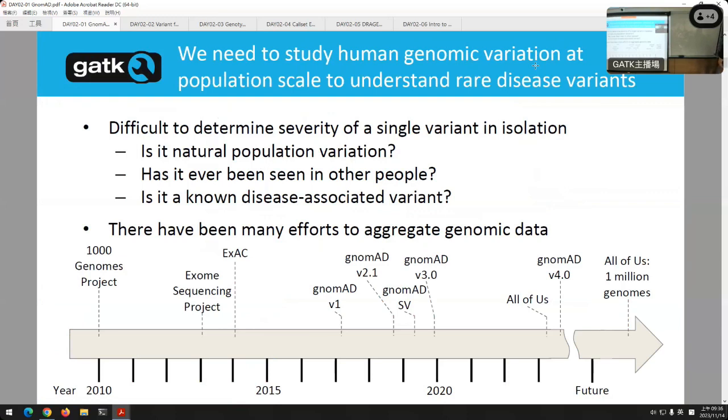So including the Exome Aggregation Consortium, which was a precursor to gnomAD, and then several versions of gnomAD over the years as they've added more samples. And then towards the end is the All of Us research program, which is a US-based biobank funded by our National Institutes of Health.